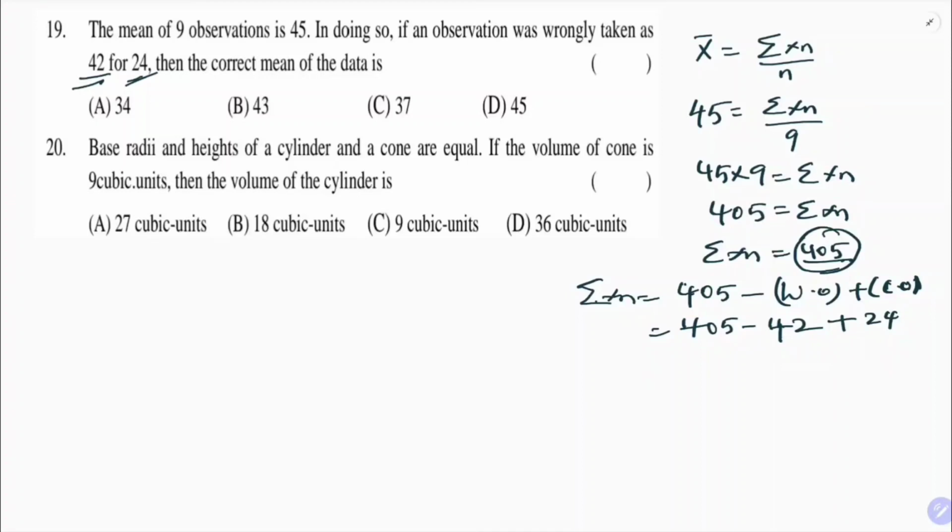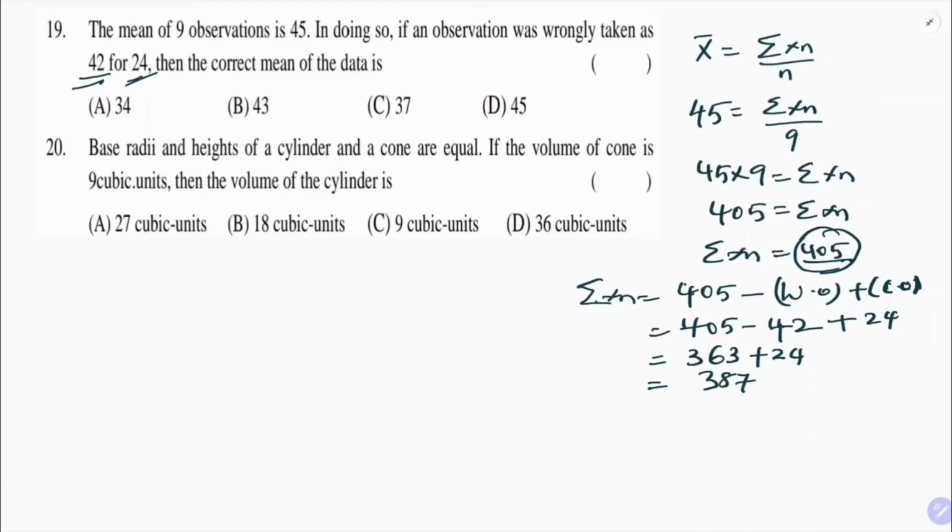So 405 minus 42 gives 363, plus 24, that is 387.